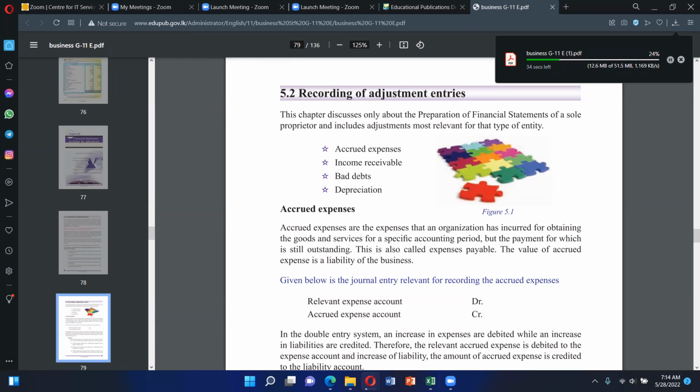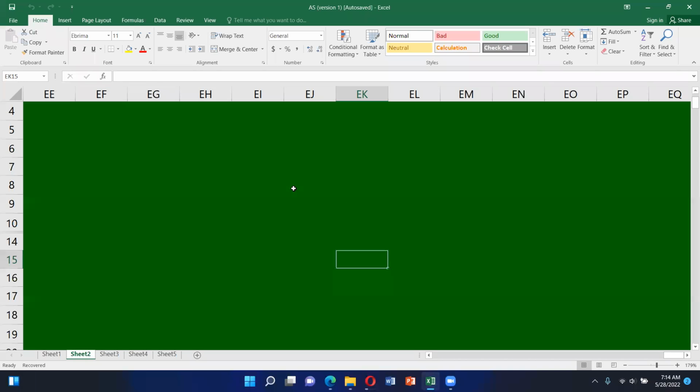Okay, now write down a topic, accrued expenses.